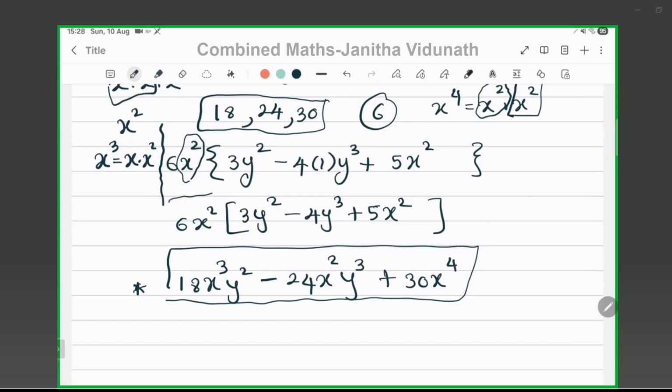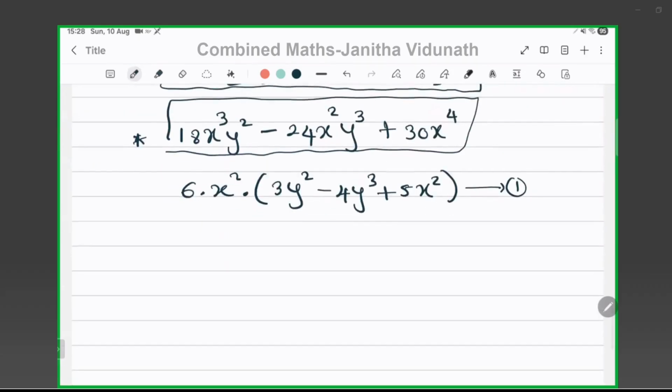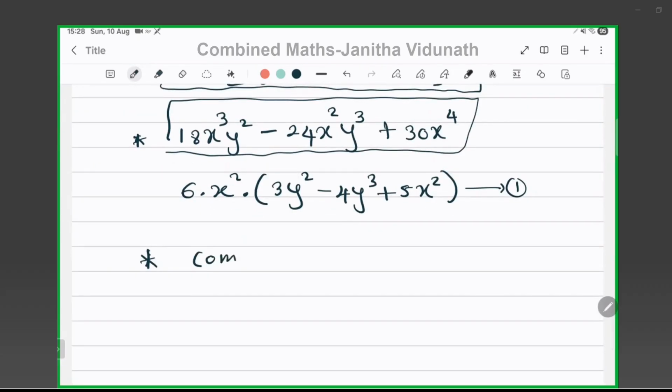But here, we develop that as a product of simple expressions, like 6 times x square times 3y square minus 4y cube plus 5x square. Okay, this is the first rule. The first rule is we need to do the common factoring. This is rule number 1.